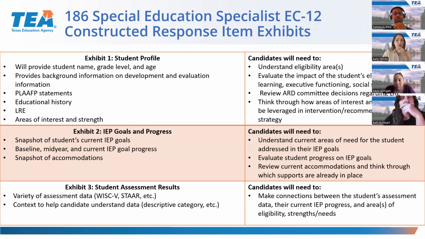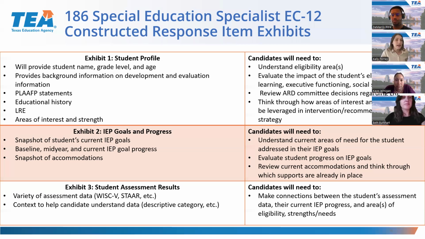So in that student profile, candidates are provided with an actual student name, a grade level, an age, background information, their present level statements, any relevant educational history, what the ARD committee has determined around LRE, and then they're also provided the areas of interest and strength for the student.